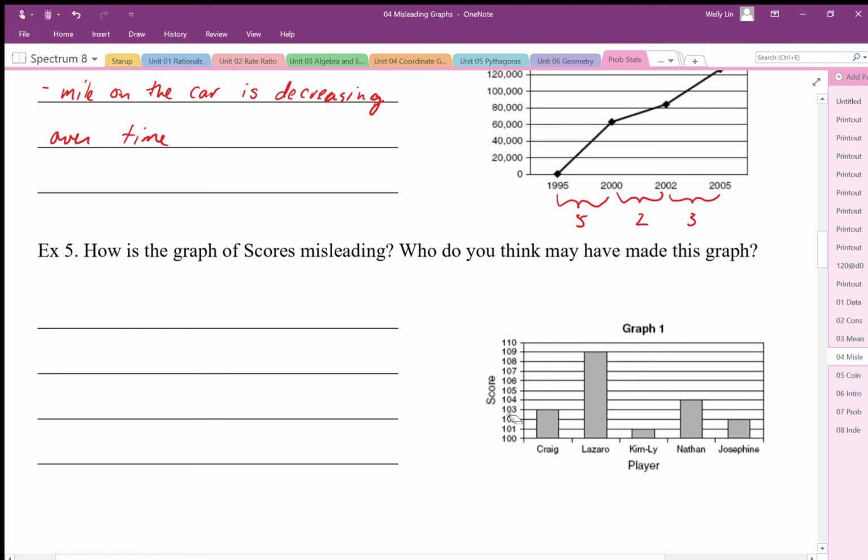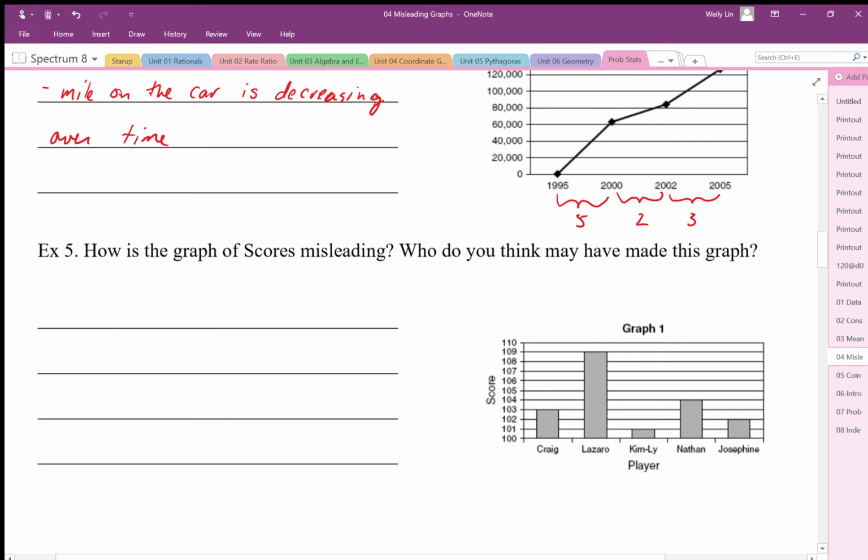So by having this type of scaling, we're accentuating the differences between the scores. But the reality is there's not much difference between Craig, which is 103, and Lazaro, which is 109. There's only a score difference of 6 over 100 scores. So again, this is misleading.